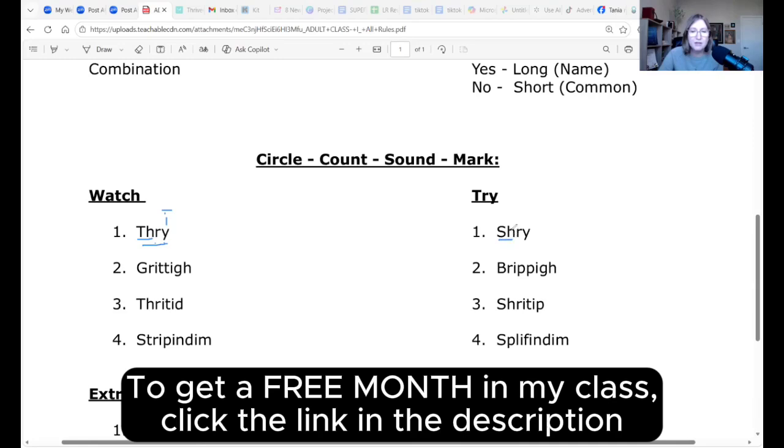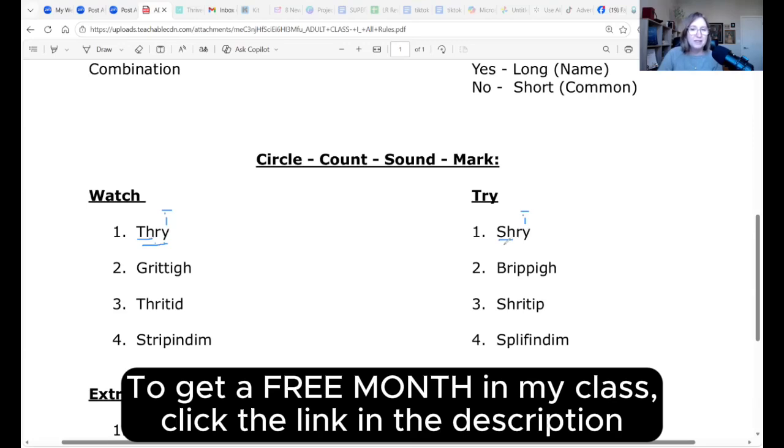So what is your word over here? Take a second. Here's another digraph blend. Make sure that you form the sound of that R with intention. You kind of have to push out that R sound in this word. So this Y is saying I because it's at the end of a one-syllable word.